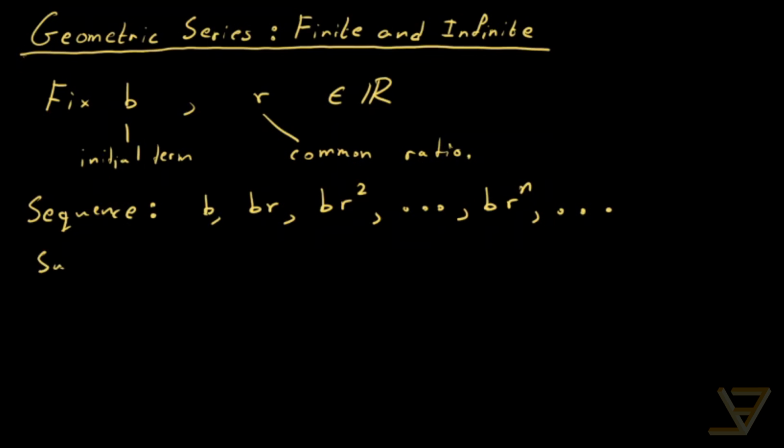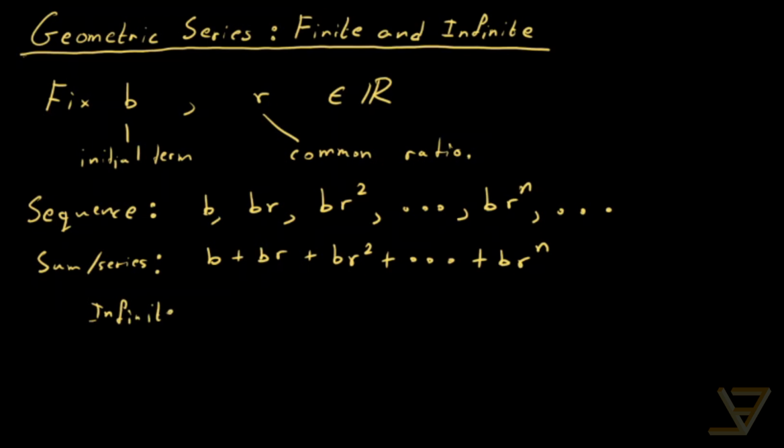So the sum or series counterpart of this is b plus br plus br squared all the way through to br to the n, and the infinite variant of it goes like this: b plus br plus br squared and off to infinity.